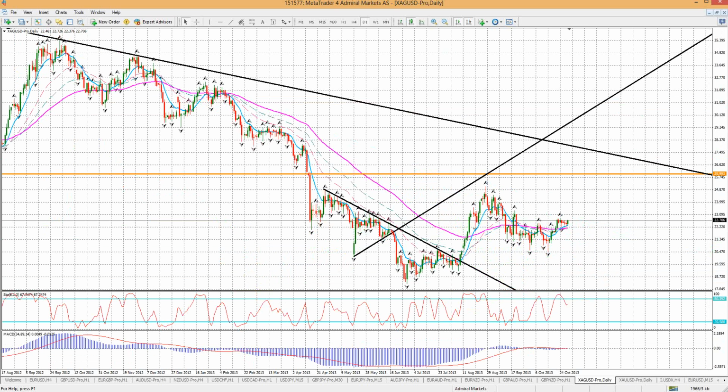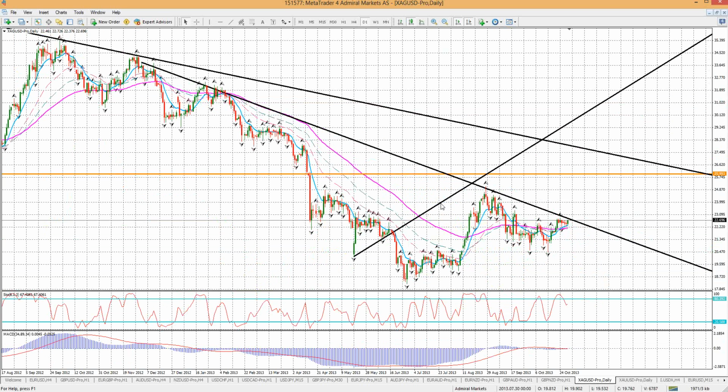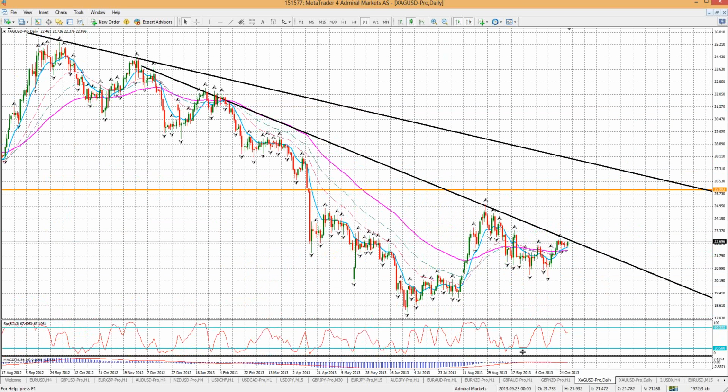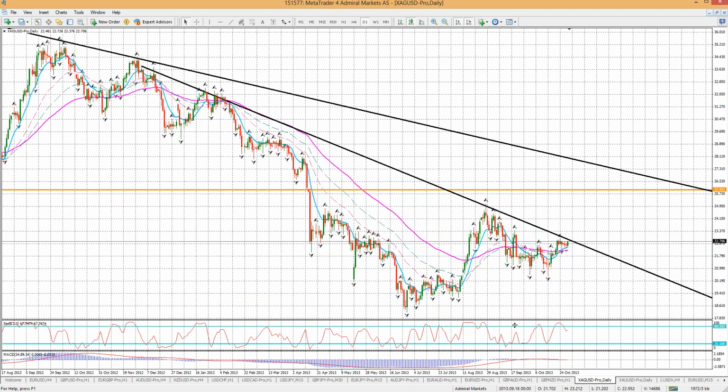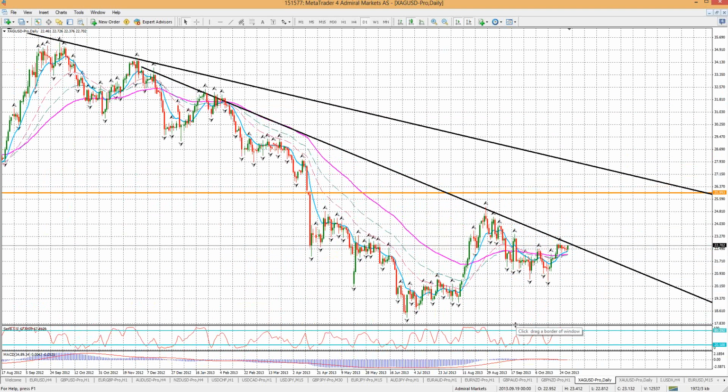I guess I don't look at silver that often anymore, but let's take a quick look. It's maybe showing the same potential, right, of an upside correction and then a continuation of that upside.